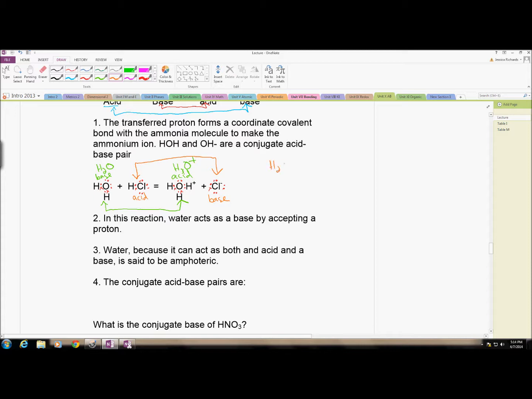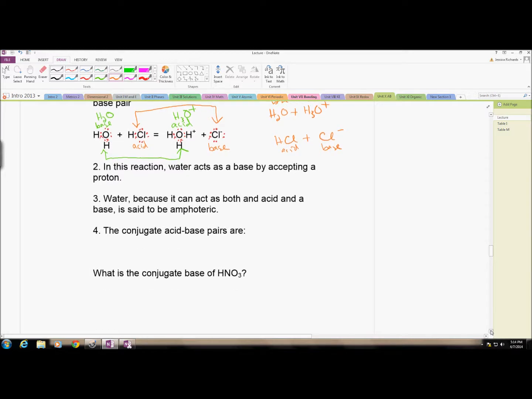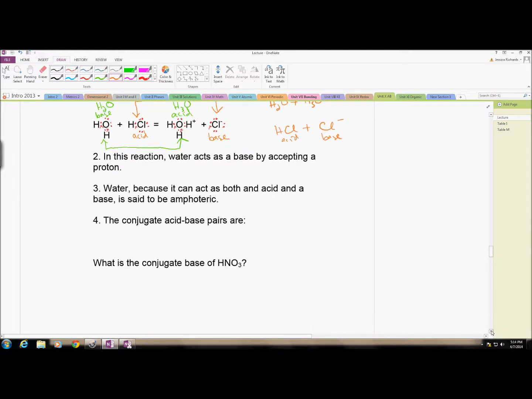The water and the hydronium ion are our conjugate acid-base pair, and the HCl and the Cl minus are our other acid-base pair. Remember, what's an acid in the forward reaction is a base in the reverse. Because water can act as both an acid and a base, it is amphoteric, and I've just shown you two more examples where that happens.